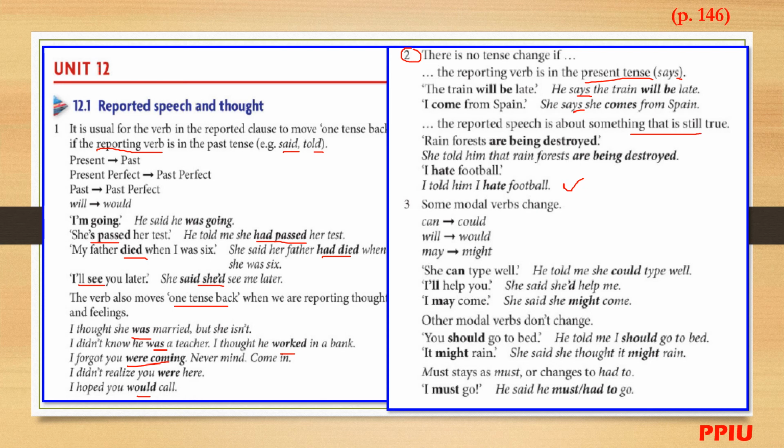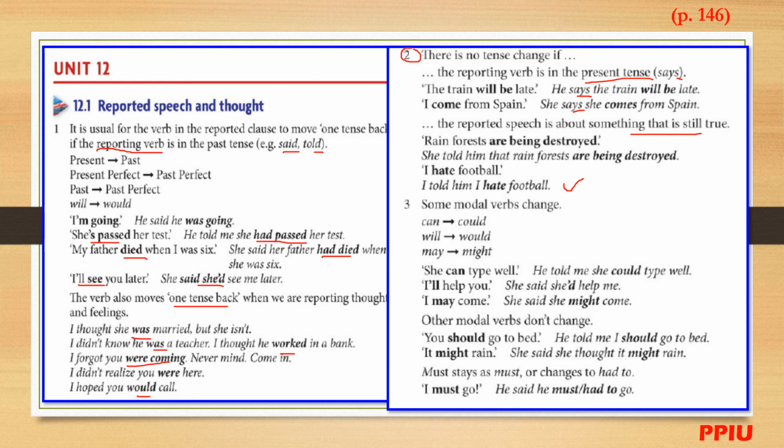Some modal verbs change: can to could, will to would, may to might. She can tie well, he told me that she could tie well. I'll help you, she said she'd help me. I may come, she said she might come. Other modal verbs don't change. You should go to bed, he told me I should go to bed.